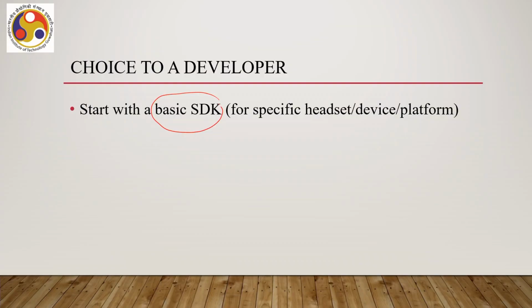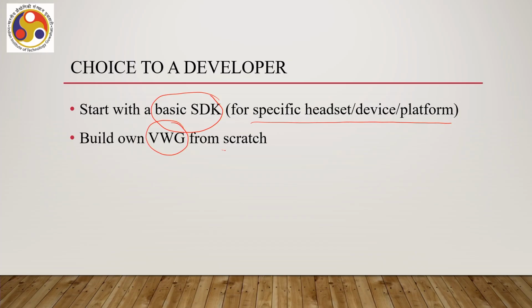So, the developer can start with a basic SDK, software development kit, for specific headset or device or platform. We have already talked about that before. Build their own virtual world generator from scratch using the SDK support for that specific hardware or platform.